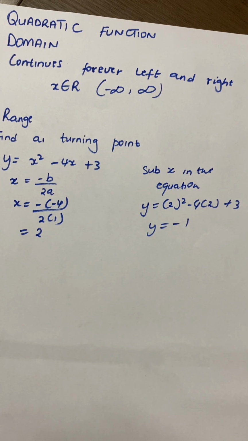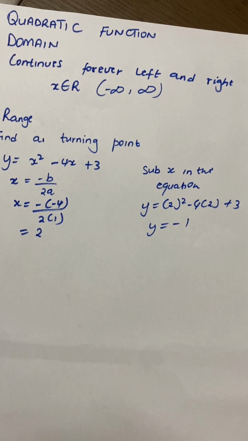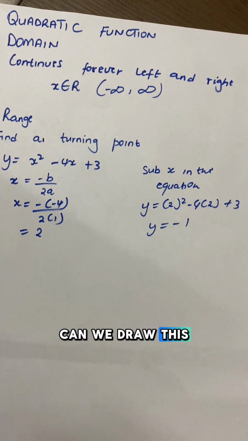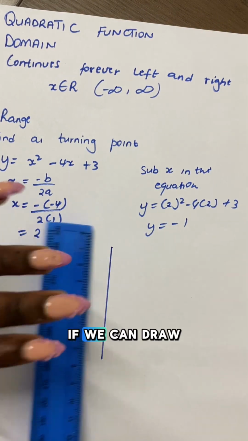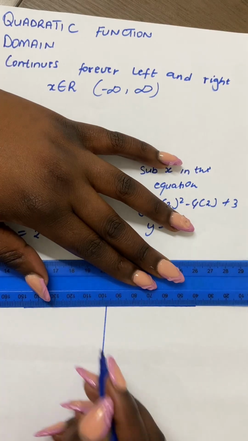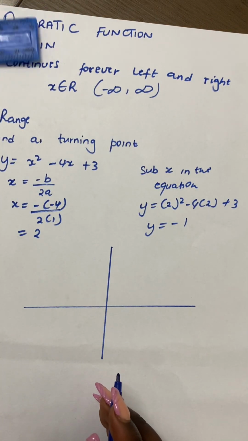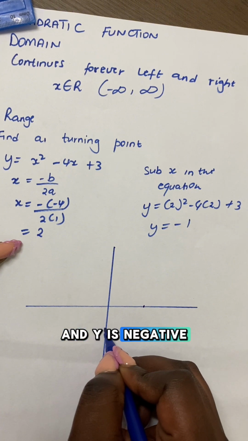So what does this mean? Can we draw this? So x is 2 and y is -1.